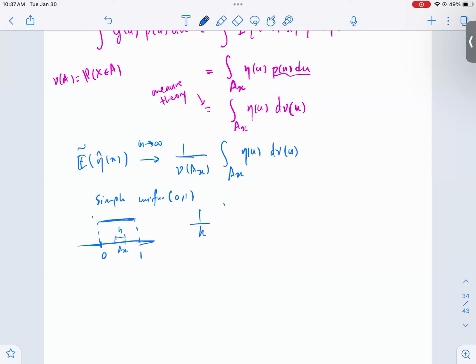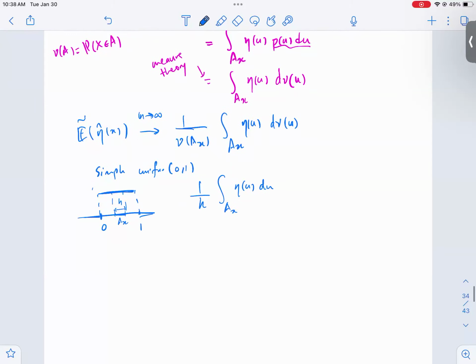And an integral over A_x, again the same thing, of eta(u), and then this is just 1, that's a du. The density is 1. So I'm basically averaging, you can think of it as some sort of interval like this.